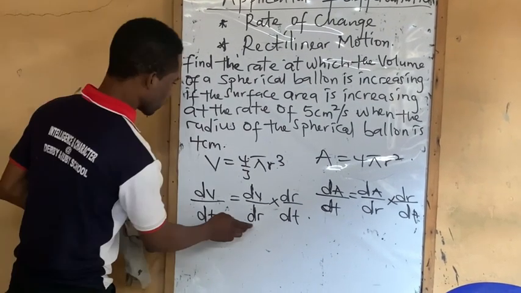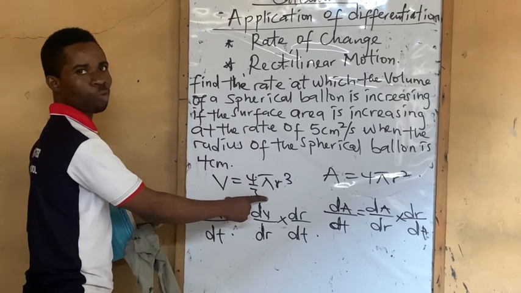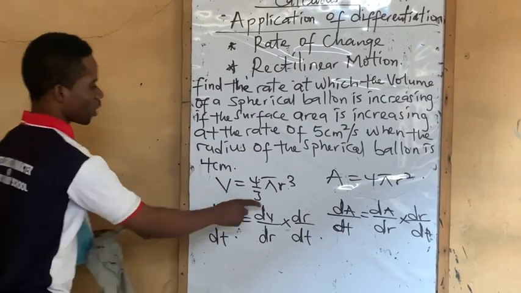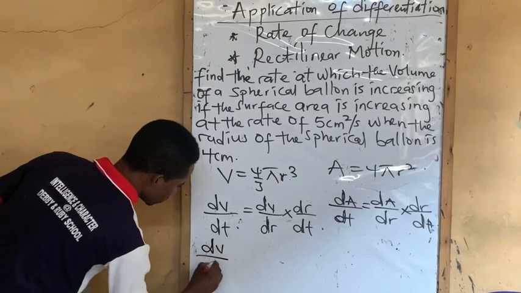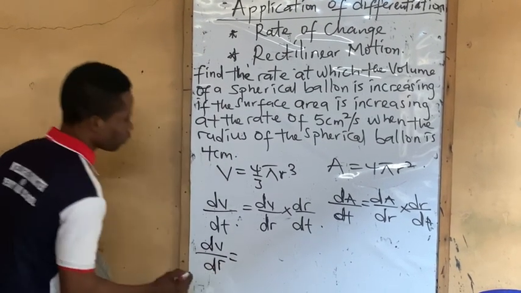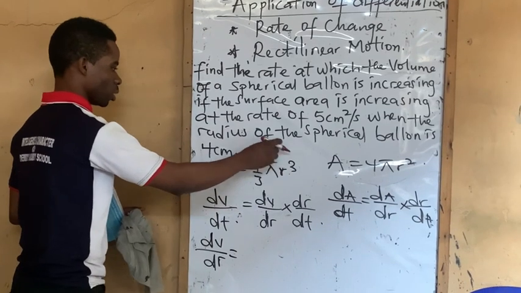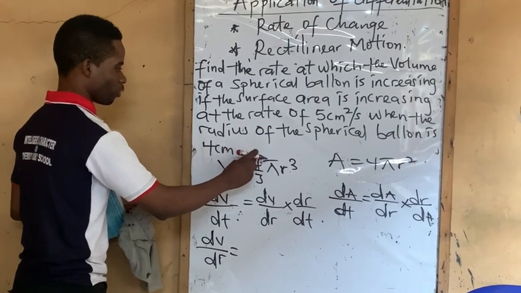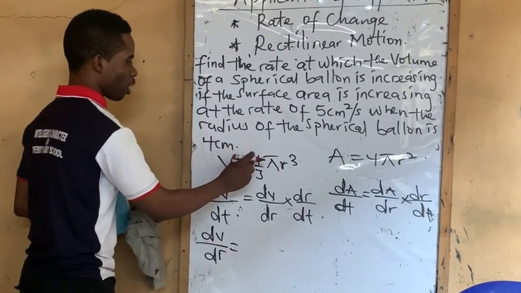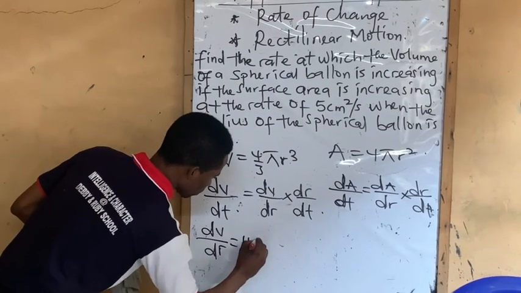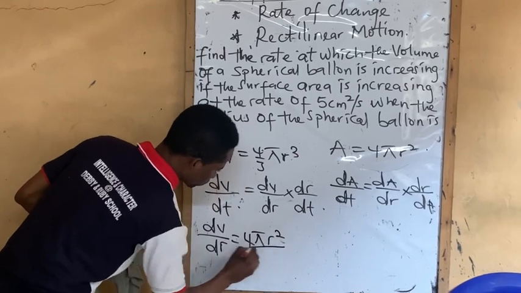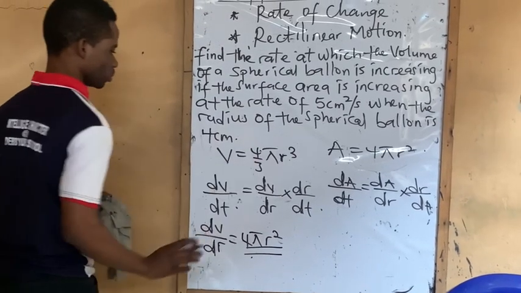Now, we can get our dV/dr when we differentiate what we have here. If I differentiate this, if I bring this 3 here, that means 3 times 4 over 3, the 3 will cancel the 3. So I'm going to have 4 pi r squared, because we remove one power here. That is 4 pi r squared for this.